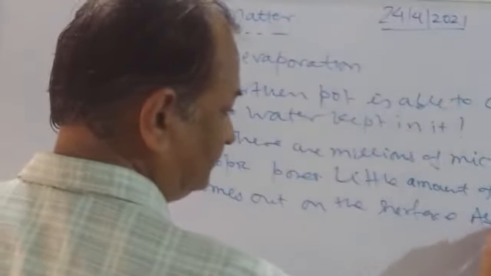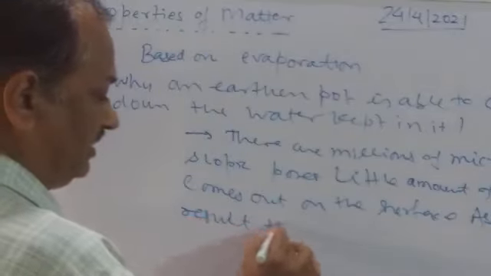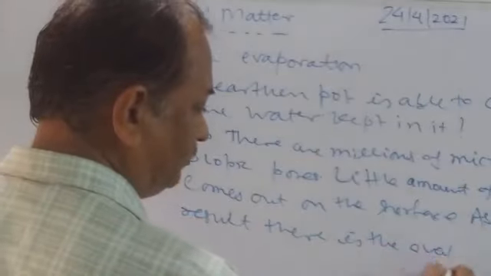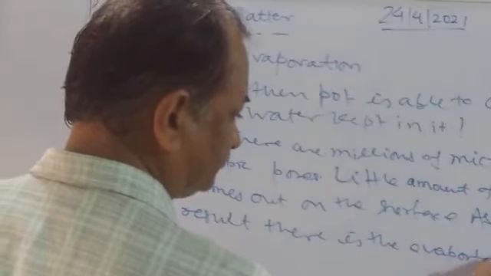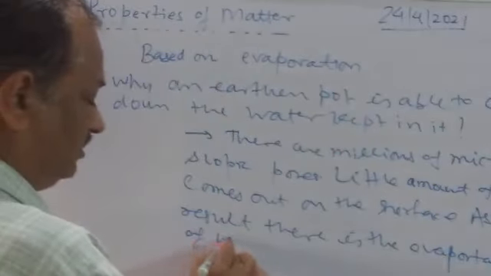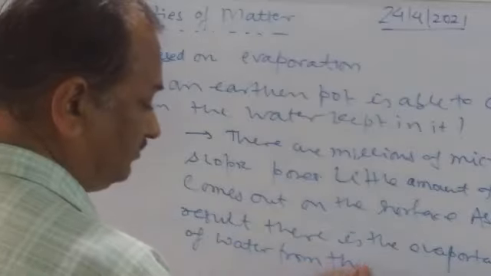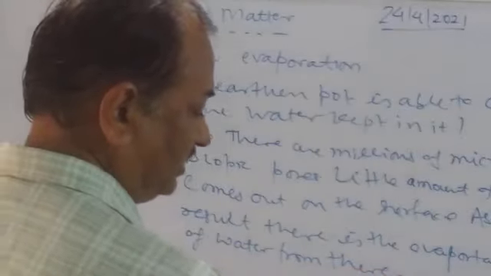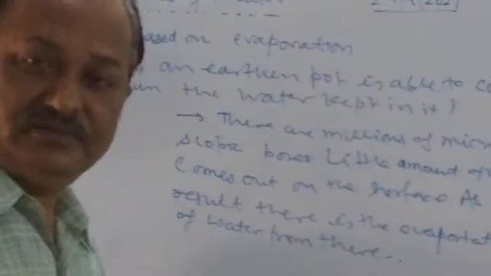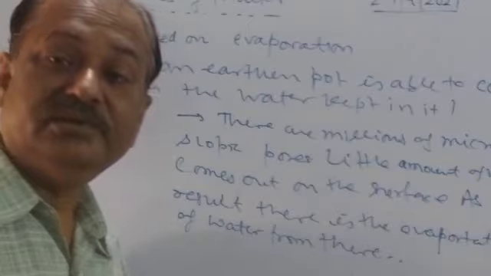As a result, there is the evaporation of water from there. And when there is evaporation, there is cooling. And so water kept in an earthen pot is cooled.